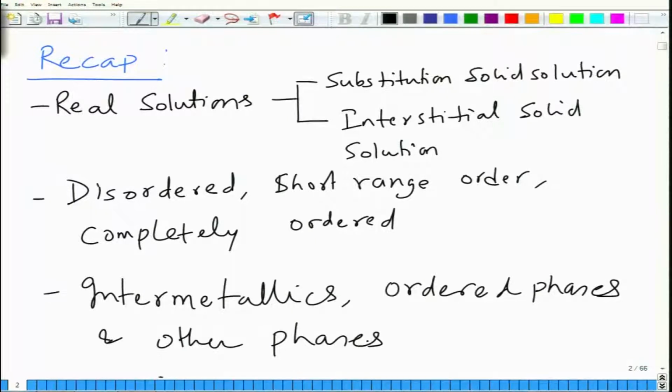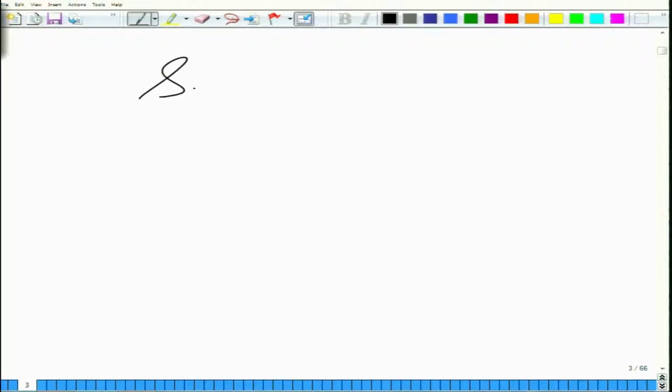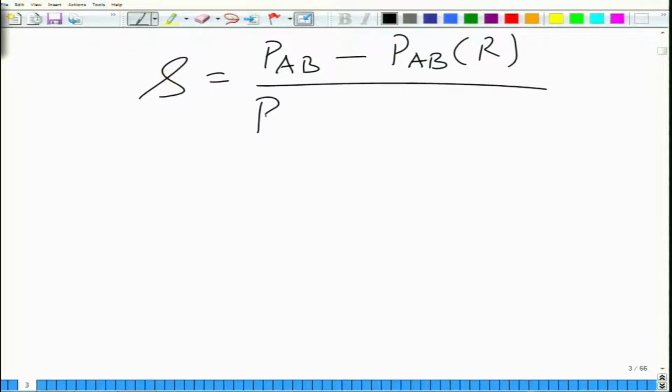And we also described a parameter called S, which was basically the difference of the observed number of AB bonds minus P_AB random, divided by the maximum number of AB bonds if it was completely ordered minus that in a random solution.